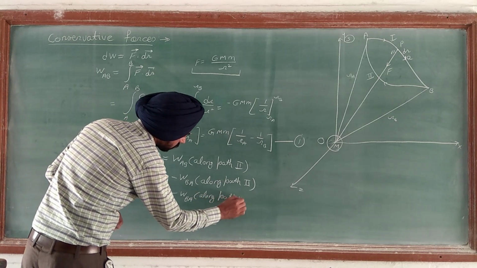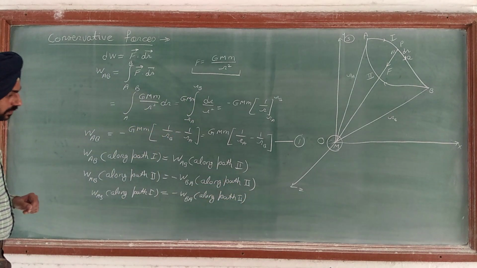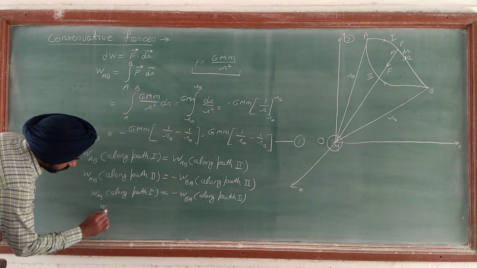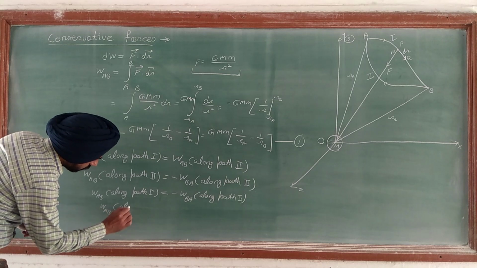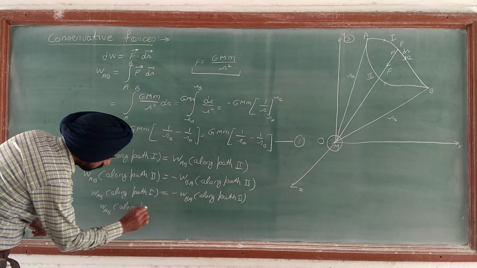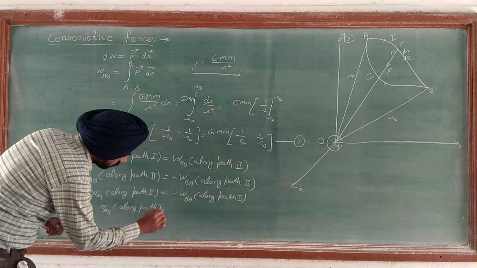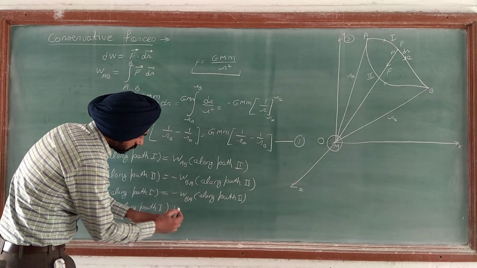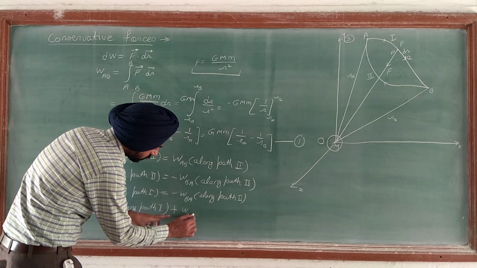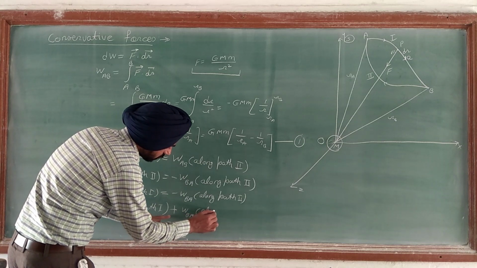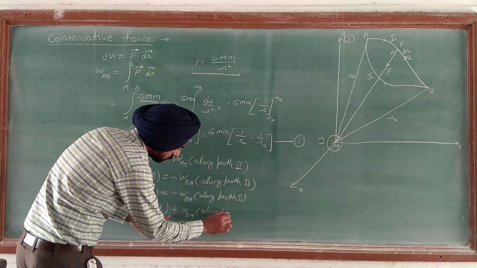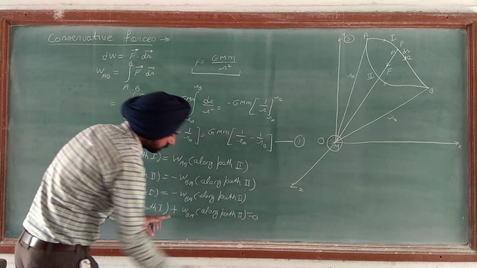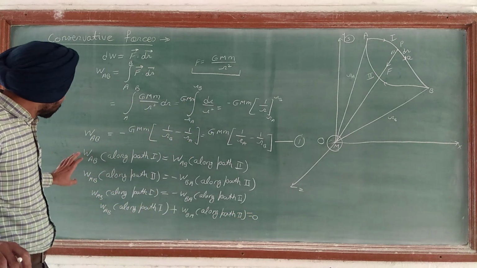So W_AB along path 1, with this term on this side it will be positive, plus W_BA along path 2 is equal to... I am repeating what I did.